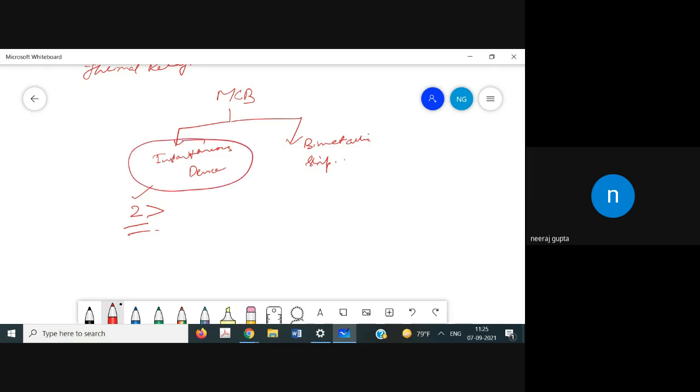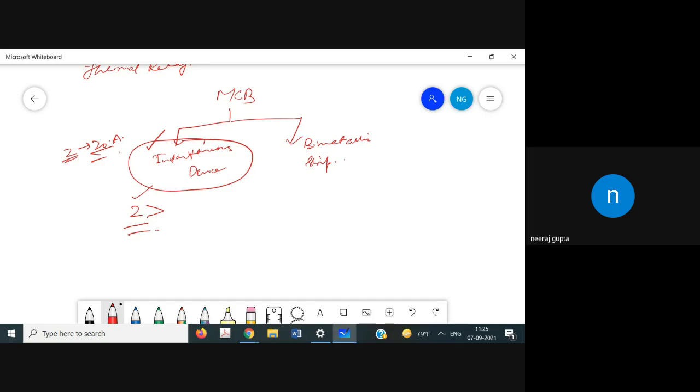It means that if the current of 2 ampere becomes 20 ampere in a very small amount of time, the whole of the MCB operates instantaneously. That is the instantaneous device within the MCB; it will operate.